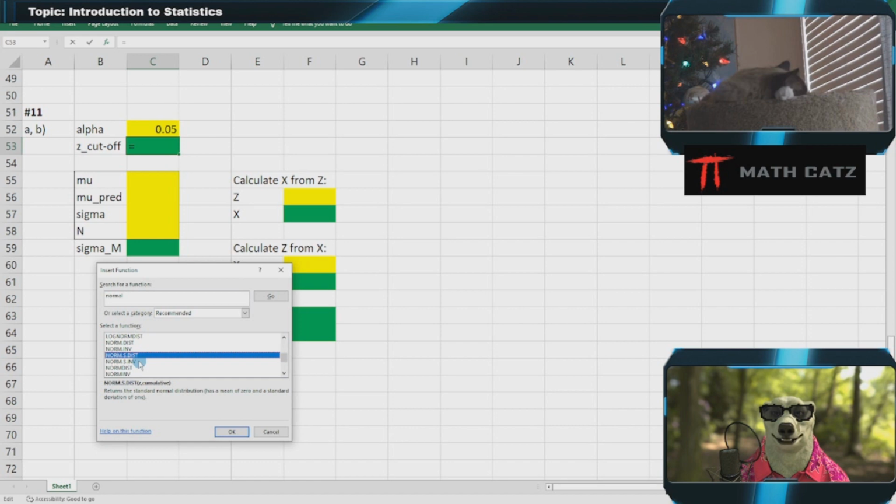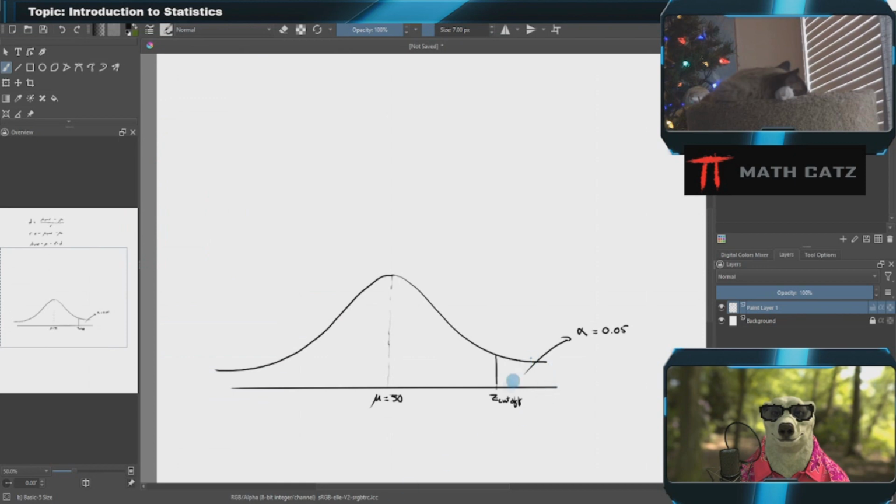So I don't have a z-score, and looking for the probability, I am doing the inverse, where I have a probability, namely alpha, and I'm looking for the z-score that gets me this alpha, right?